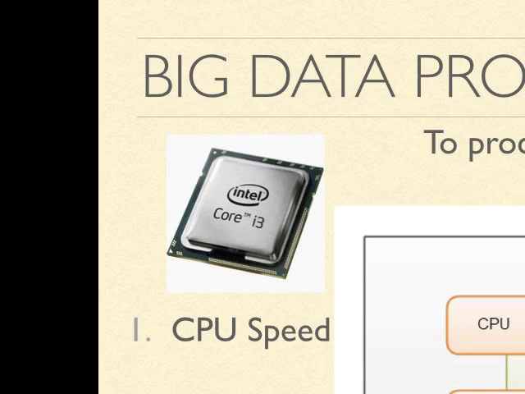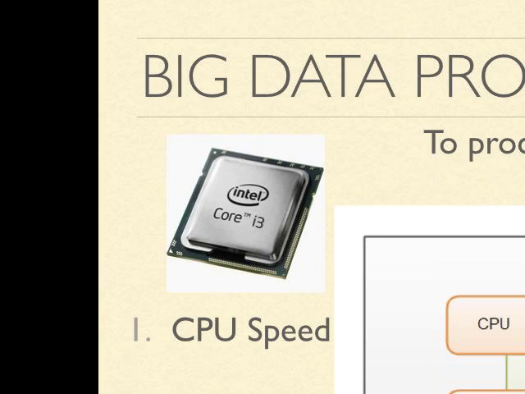The faster the CPU, the more instructions it can process per second, the faster it is going to work for you. But the CPU alone is not a problem. Most of the time, the CPU is good enough, but there are other factors which stop the CPU from working.